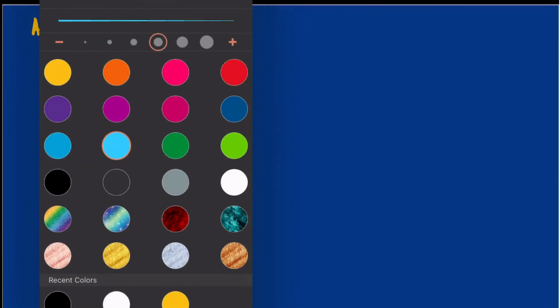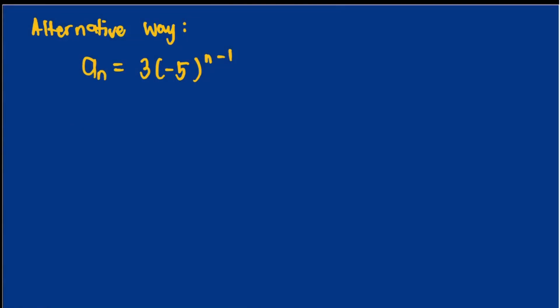So, let me choose another color for this. Diba, ang formula ng geometric sequence ay a sub n is equal to a sub 1 times r raised to n minus 1.